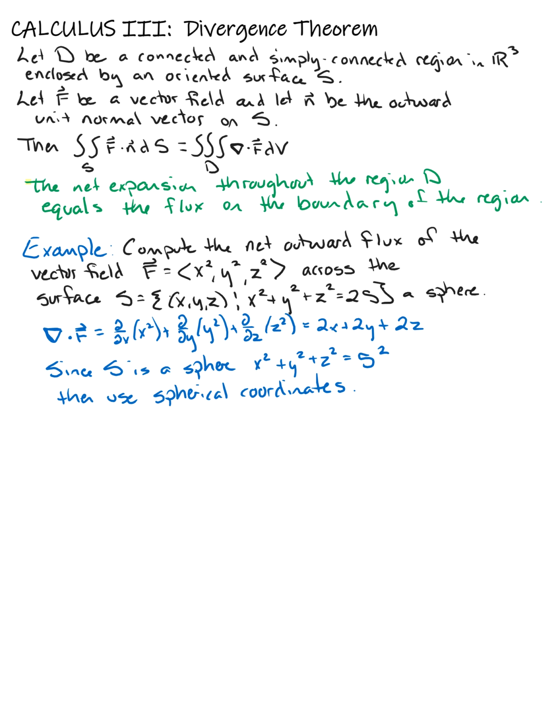So x is equal to 5 sine u cosine v. Y is equal to 5 sine u sine v. And z is equal to 5 cosine u.